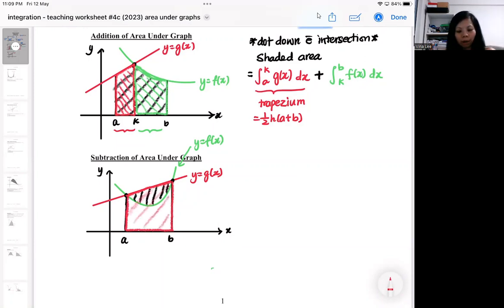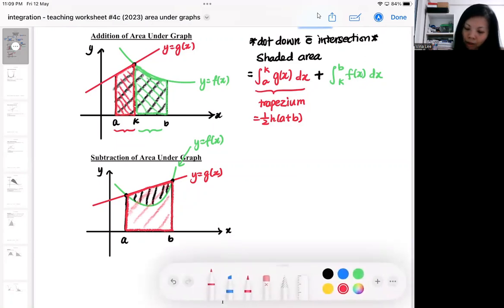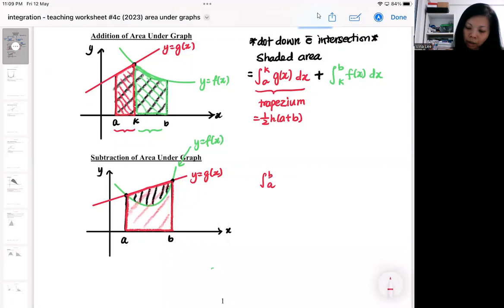If I want to get the red area, I can either use integration, where I integrate the straight line, or in this case I will get a trapezium. So you can integrate the straight line or you can use a trapezium formula. It's your choice. Personally, I prefer to use a trapezium formula. With coordinates, you will be able to do that.